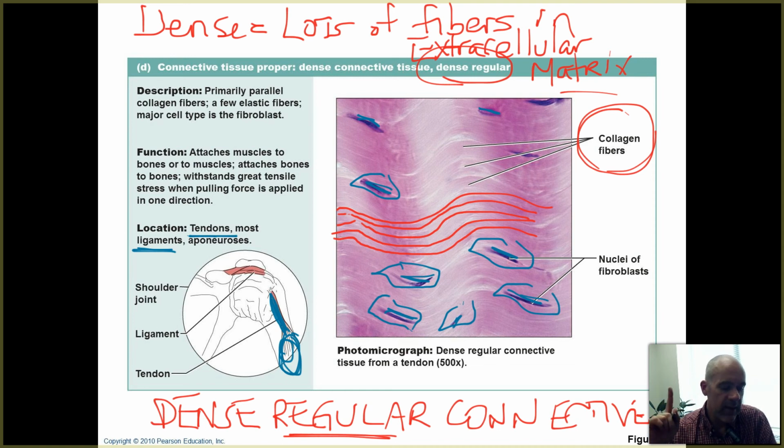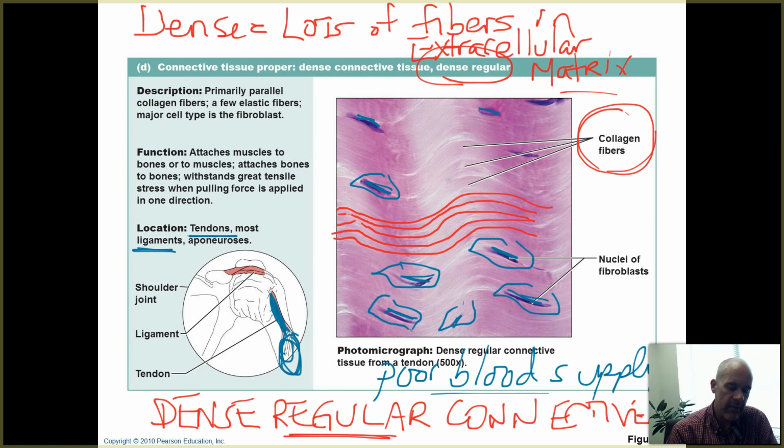Now notice that the tissue is so full of collagen, there is no room for things like capillaries. There's no passageway for capillaries to go through there, which means you don't have a good blood supply. These tissues have a poor blood supply. That means that all these little fibroblasts in here are dependent on things like O2, oxygen gas, and nutrients like glucose, for example.